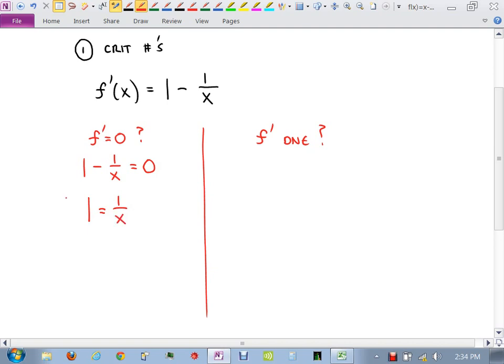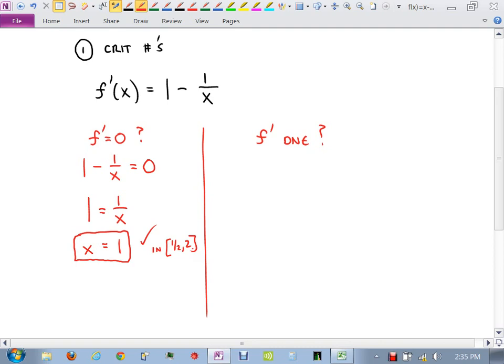Then you can multiply both sides by x. x equals 1. Is 1 in that interval? So I'm going to put a little check here. That is in [1/2, 2], isn't it? So I have a good critical number. I might have a max or min there.